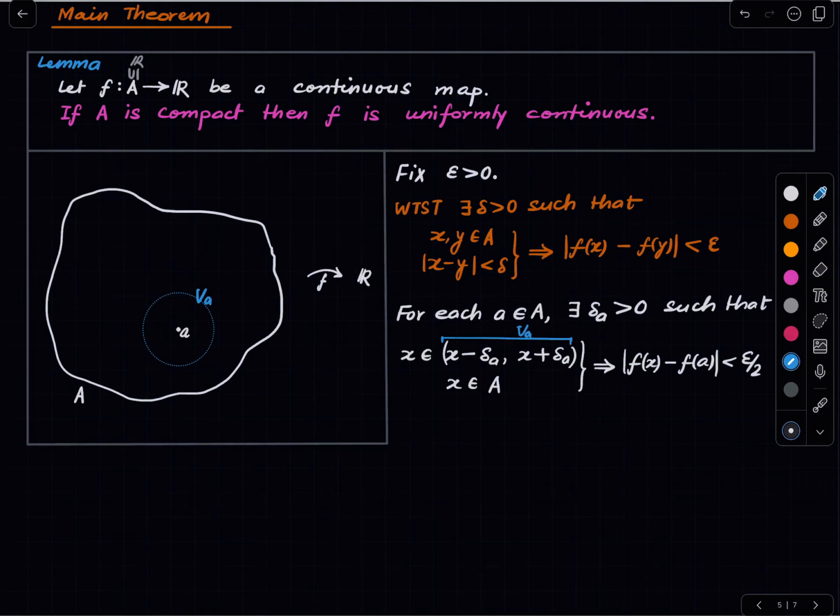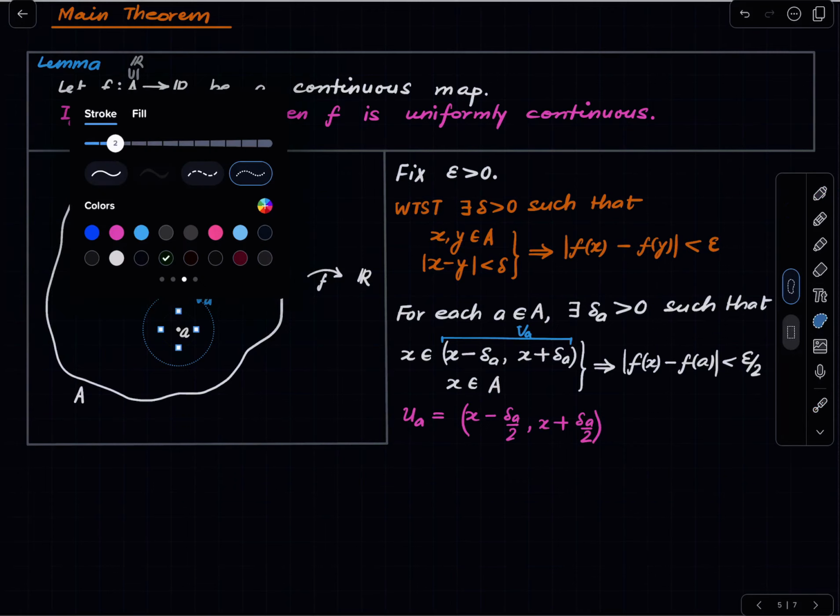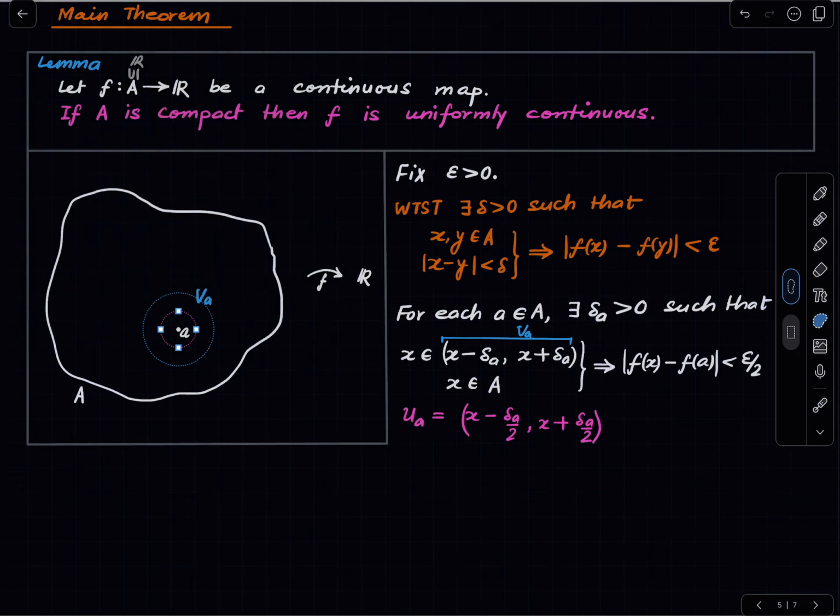And let us also define U_a as that. So its width is half of the width of V_a. And in the figure, what we will draw is a ball of half radius. Hopefully this is accurate. It's not accurate, but yeah, okay. So this pink thing is U_a.